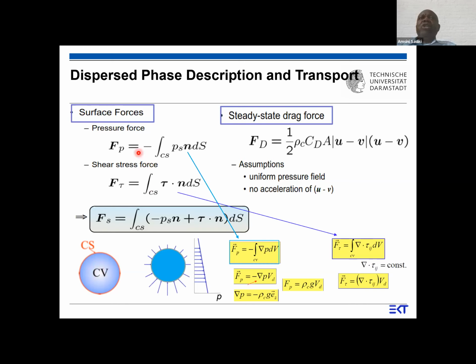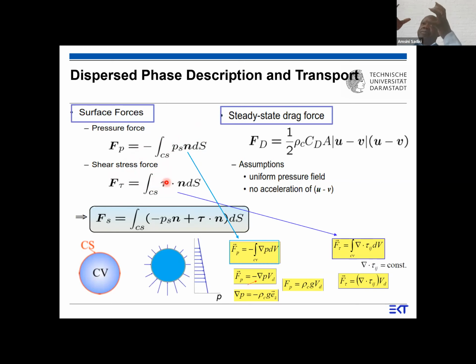We have the pressure force, which is the pressure acting on the surface, and we know the expression: it is the pressure multiplied by the surface element. And we have also the shear forces. We have the shear stress tensor, which also acts on the surface.